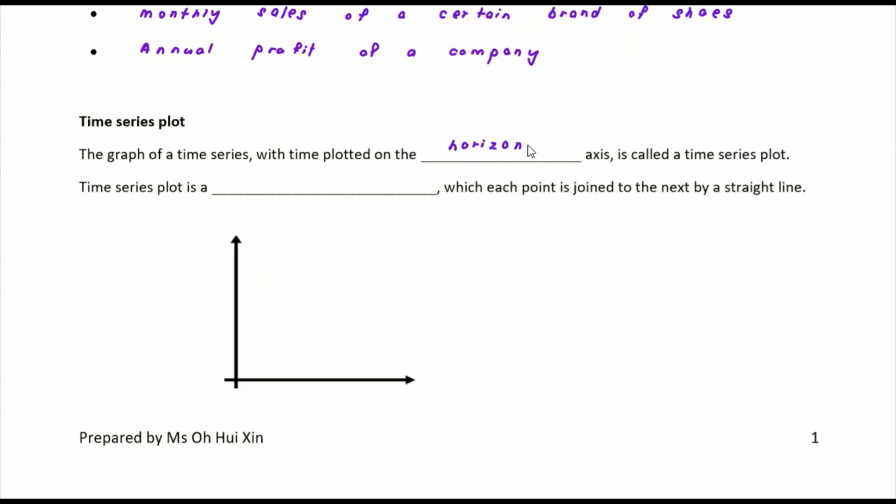The variable that you are going to investigate is your RV. So your horizontal axis will always be the time, then the vertical axis will be your response variable, which is the variable that you want to investigate.